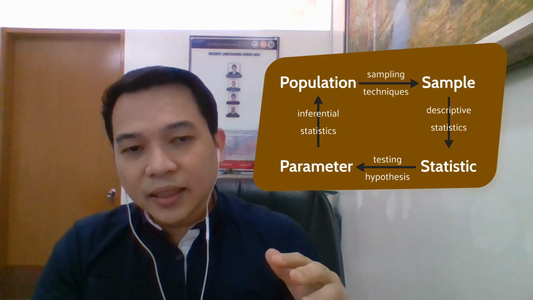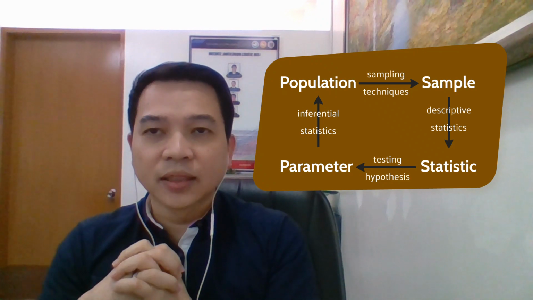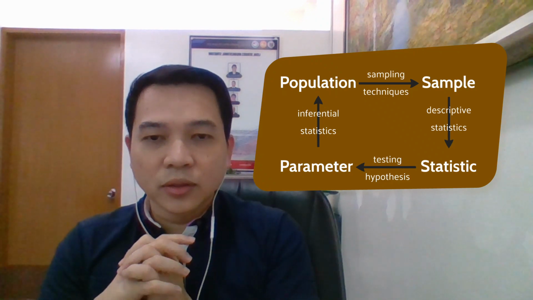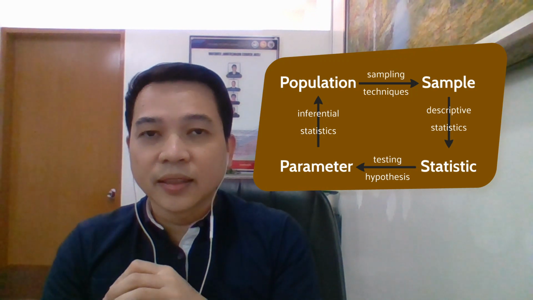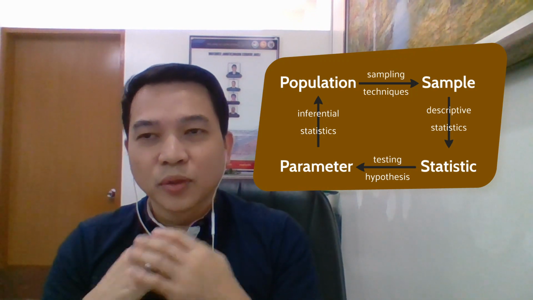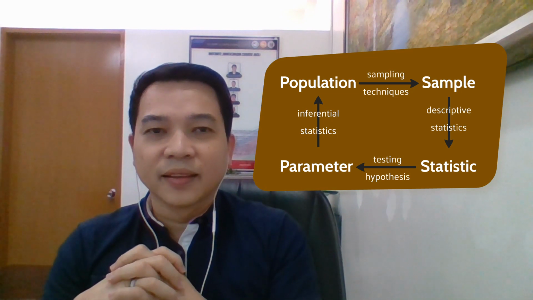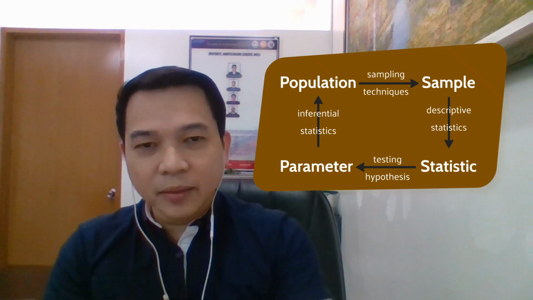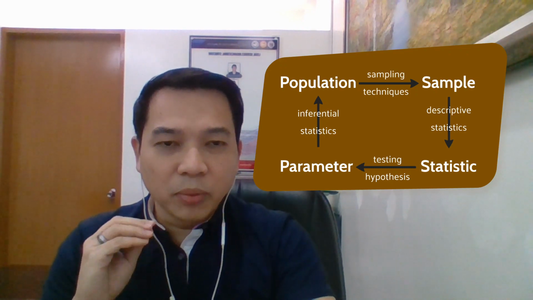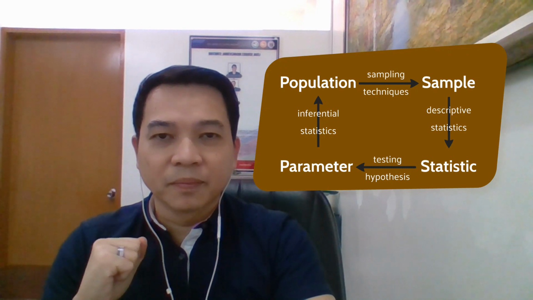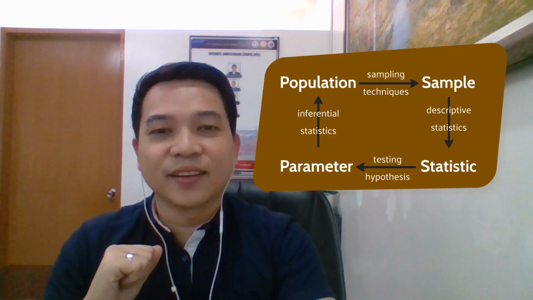So from the statistic to drawing conclusions that are true to the population is the entire process of inferential statistics or gathering inference. So to infer means to conclude, to arrive at a conclusion. Okay. So this is the picture of the relationships, or what we call the concepts of population, sample, statistic, and parameter. And this is also the big picture on how we will be dealing with our statistics later on.